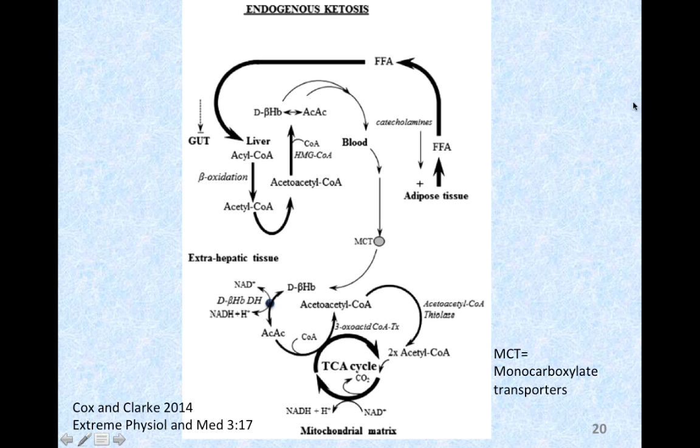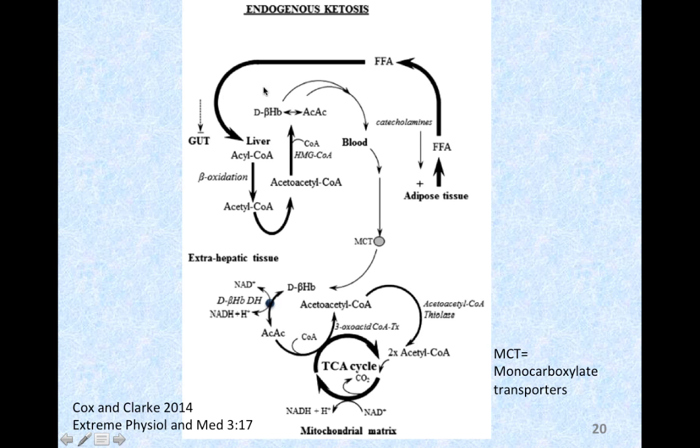Okay? In this scenario, remember, we're going to start over here, because in this scenario, adipose tissue is being hydrolyzed to generate free fatty acids. For example, catecholamines like epinephrine, cortisol are stimulating adipose tissue hormone-sensitive lipase. Free fatty acids are significantly increasing in the blood. They'll travel to the liver.